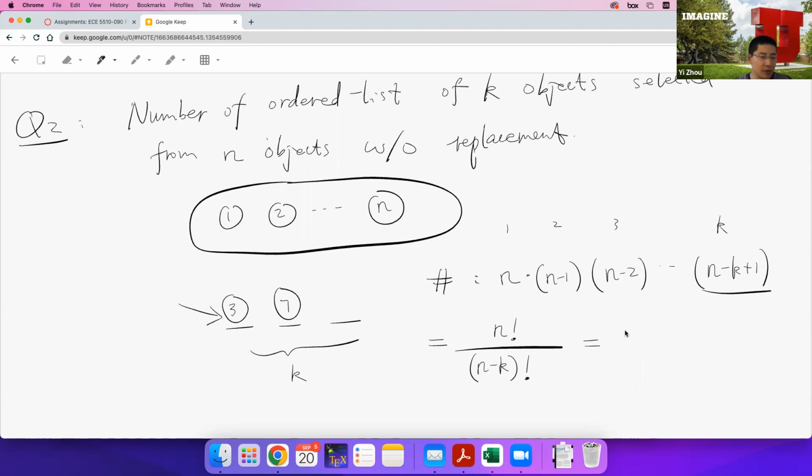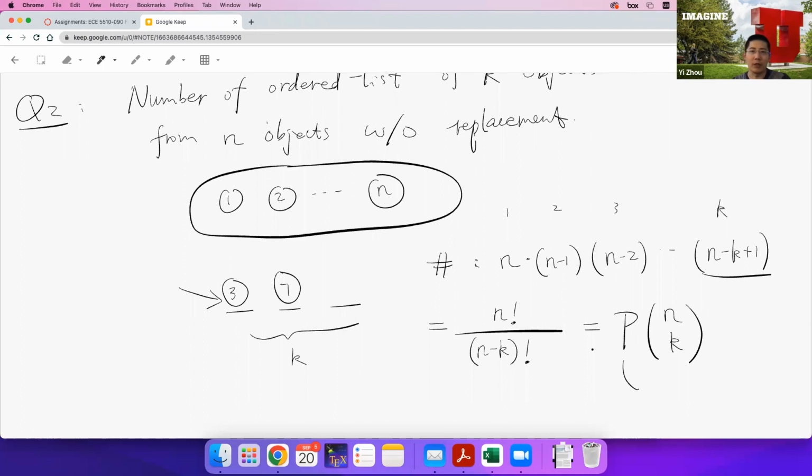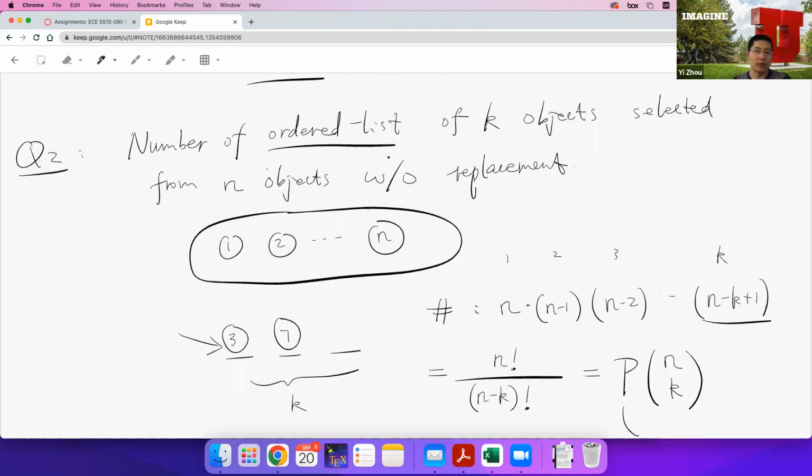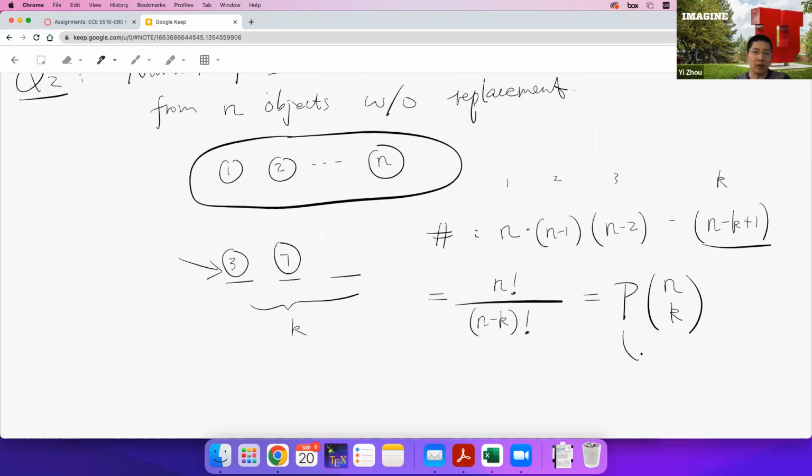And we usually denote this using this notation, P(n,k). N and k mean that we are now choosing k objects out of n objects, and P stands for permutation. Because here we are looking at the ordered list, the positioning of these k objects is critical.